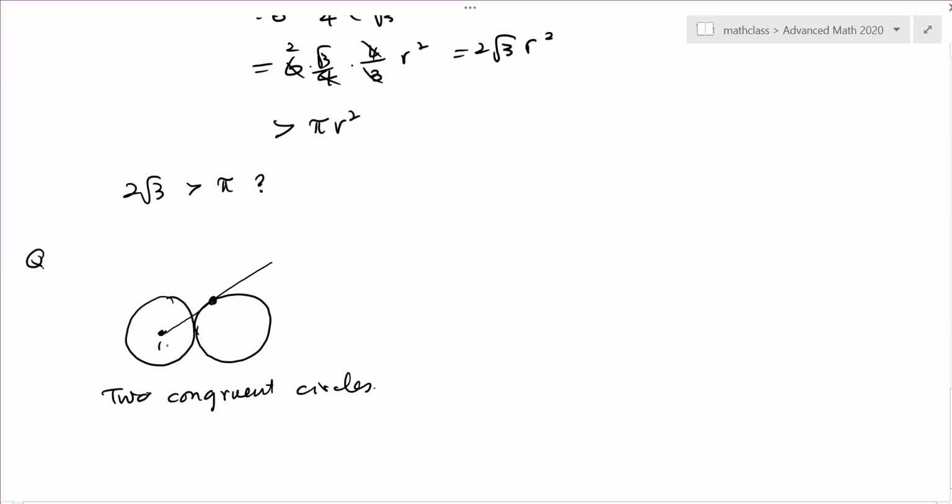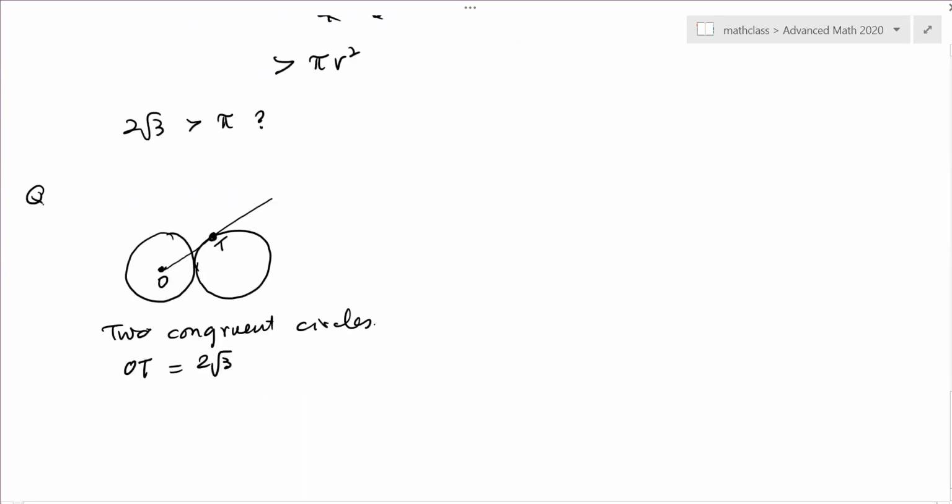This is O, and that's the tangent point T. I can measure these 2 points. The distance between O and T is 2 square root 3. Based on this information, can we find the radius? So I want you to try. Find the radius of the circle.